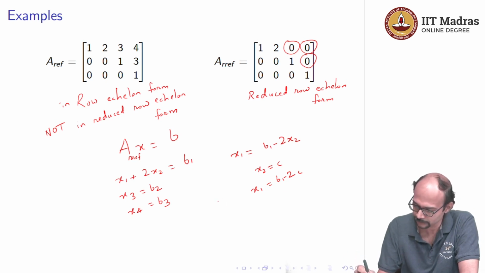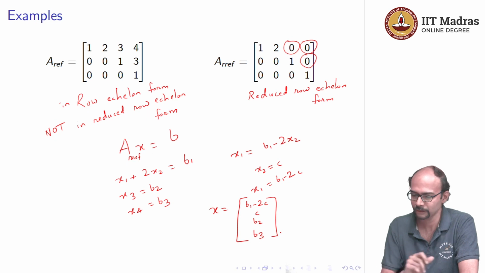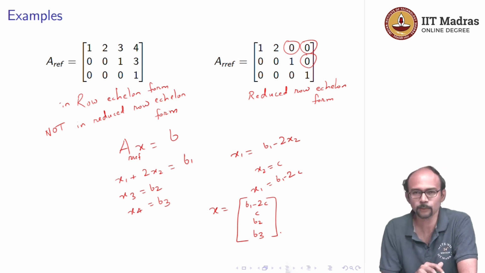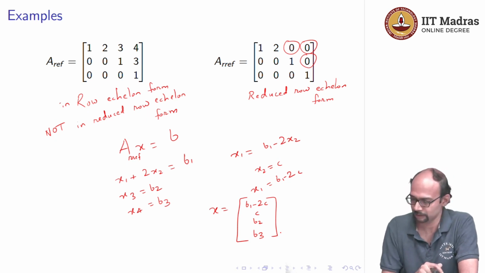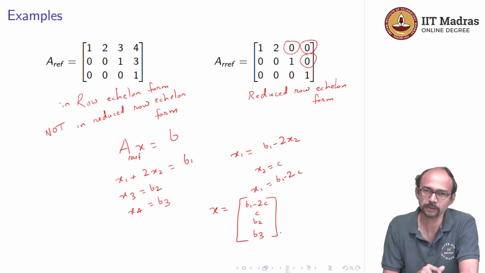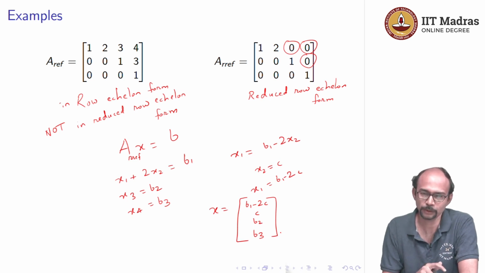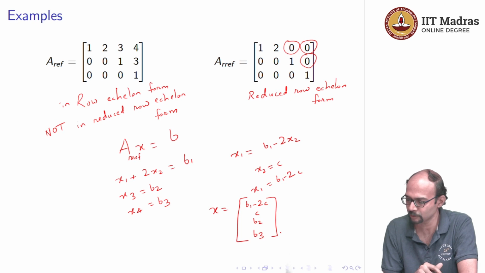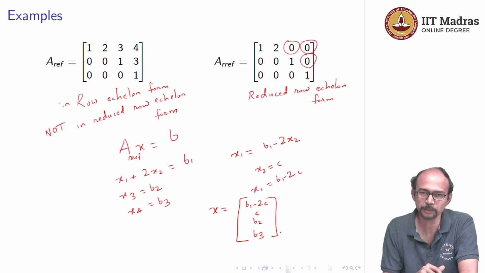So, what is the solution? The solution is x is (b1 minus 2c, c, b2, b3). This is my solution for Ax is equal to b, and now whatever value of c you substitute will give you a solution. So, if you take c to be 0 for example, then your solution will be (b1, 0, b2, b3).